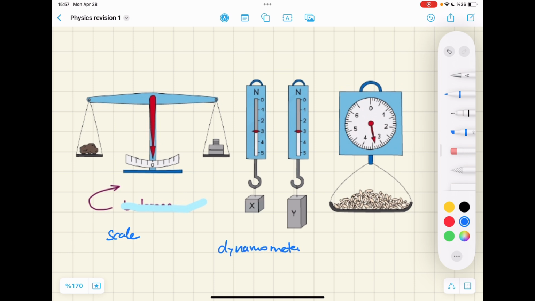Dynamo, because dynamics is the science of forces in physics, or Newton meter. And here, for example, we say that it is measuring in newtons, but it works in the same way as a scale does, really.